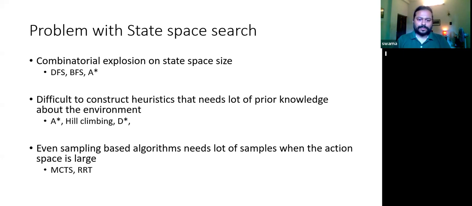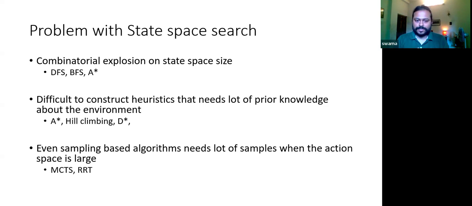The next problem is with heuristic based algorithms. Heuristic means we need to come up with some estimates about the cost, or maybe some hints about what should be the probable path to reach the goal from the current state. Constructing the heuristics might be problematic, because it needs a lot of prior knowledge about the environment.